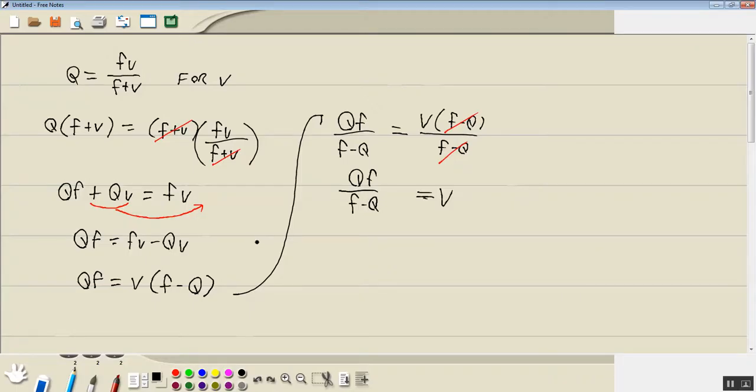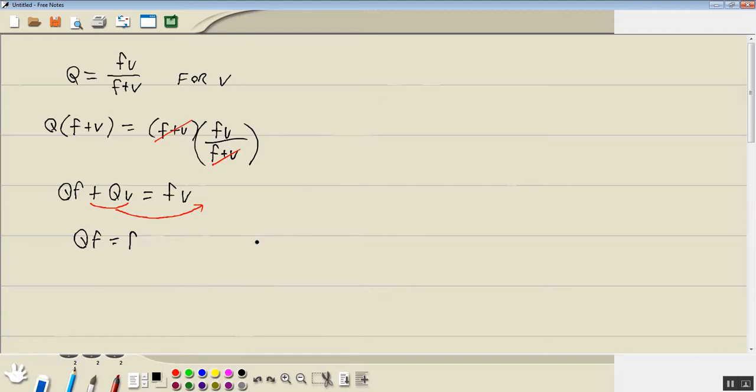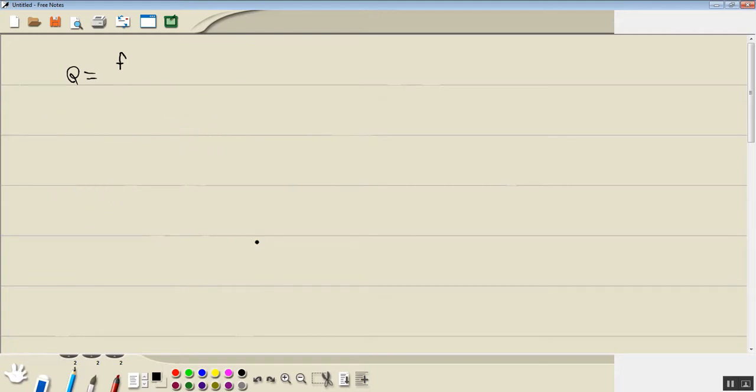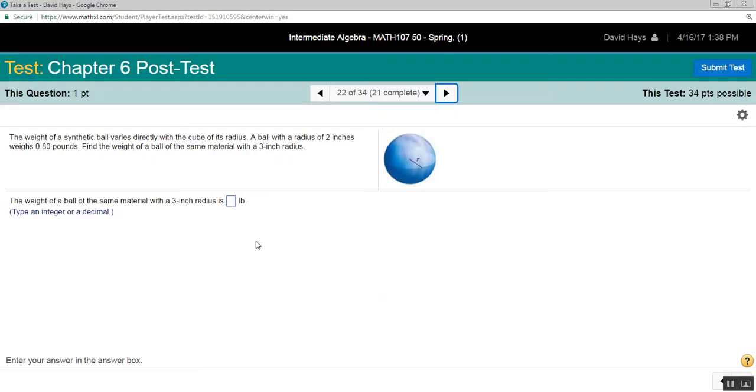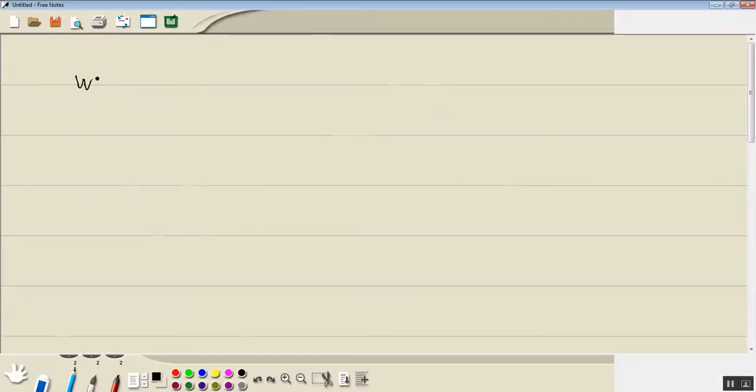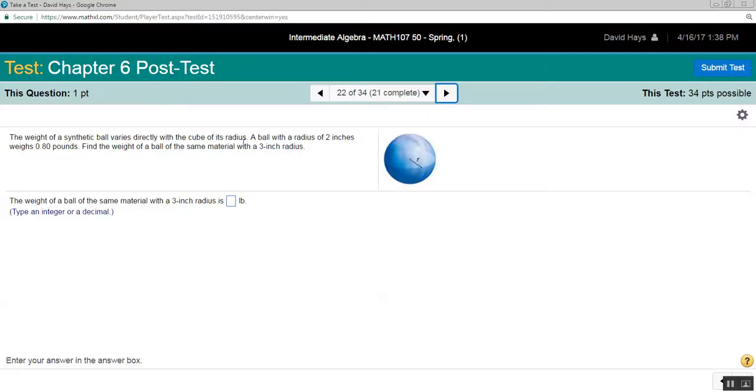And let me clear this off. Weight of a synthetic ball varies directly with the cube of its radius. So direct variation, weight of a synthetic ball. So W for weight varies directly, so K times something, with the cube of its radius.